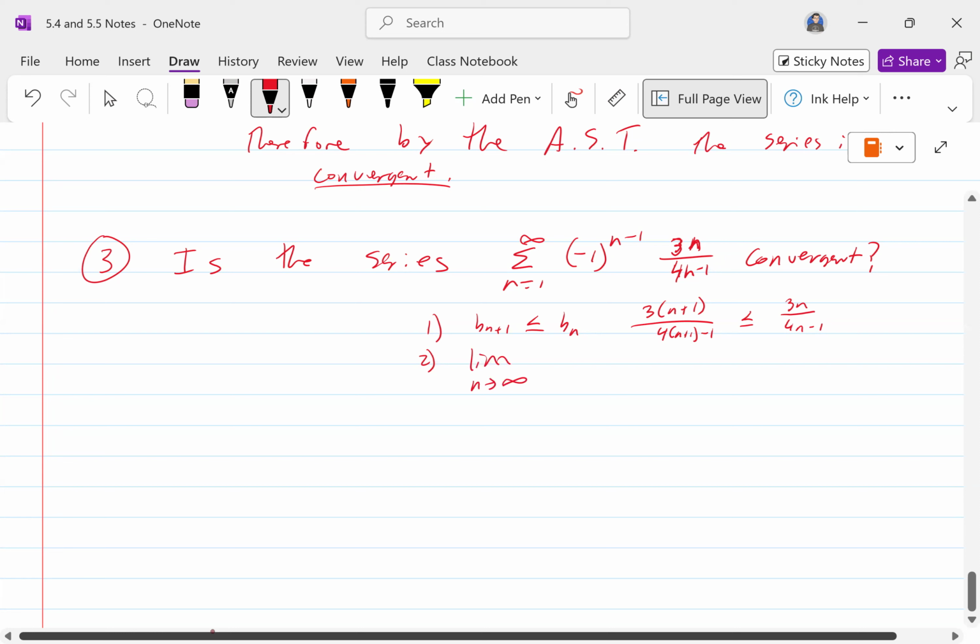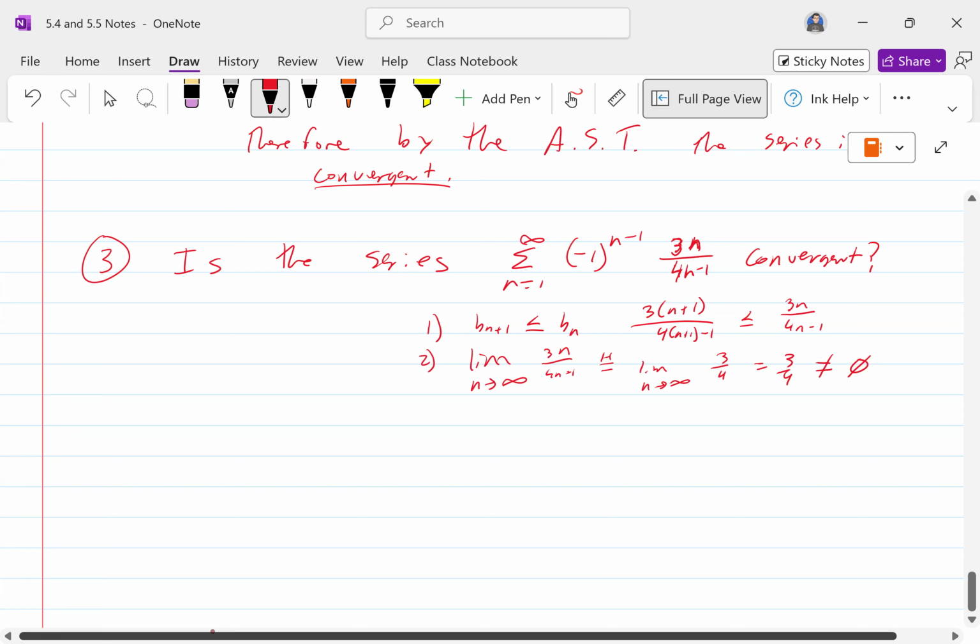Does the limit of b sub n, 3n over 4n minus 1, does that go to 0? And again, if we use L'Hopital's rule, we get the limit as n goes to infinity of 3 over 4, which equals 3/4, which does not equal 0.